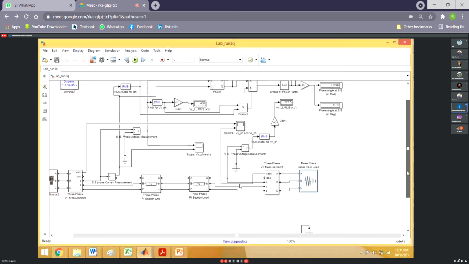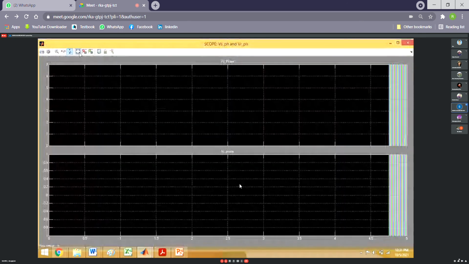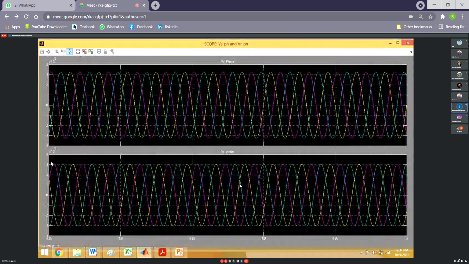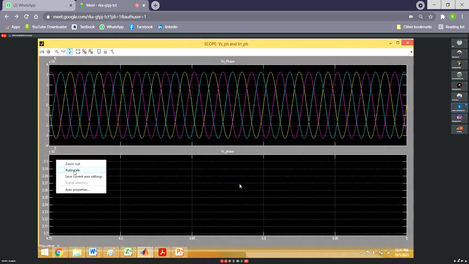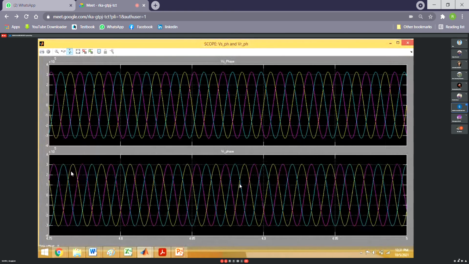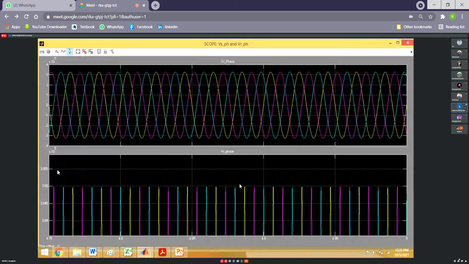Now see the scopes. The sending end voltage is the same, so you just copy from there. The receiving end voltage has dropped to 3.05 × 10^5 volt. That means 305. Copy it as the peak value of receiving end voltage.